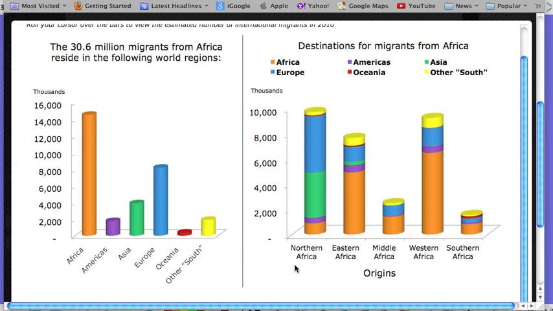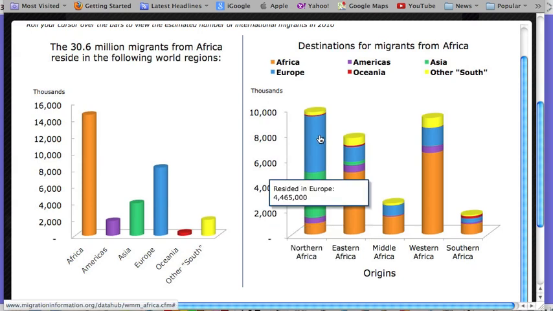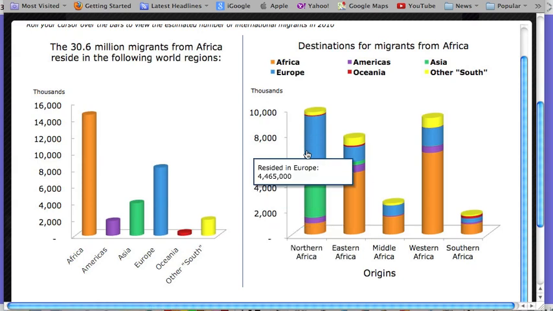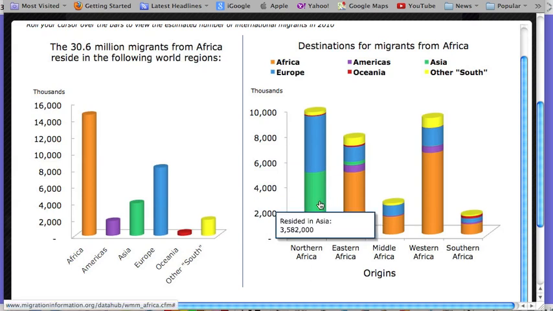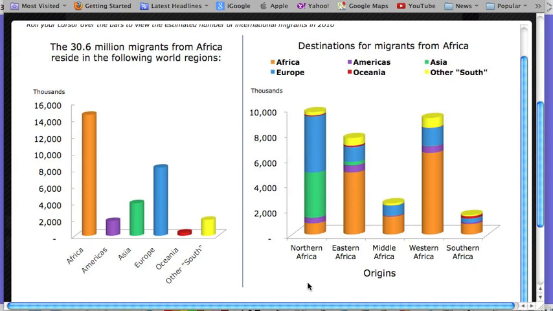And then looking over here, this is the destination for migrants from Africa. So you see from northern Africa, the destination for these migrants, you can see the blue, which is Europe. So most of these migrants from North Africa are going to Europe or even Asia, and this would include the Middle East. And that would make sense again because the Middle East, which is Southwest Asia, and Europe is close to North Africa.